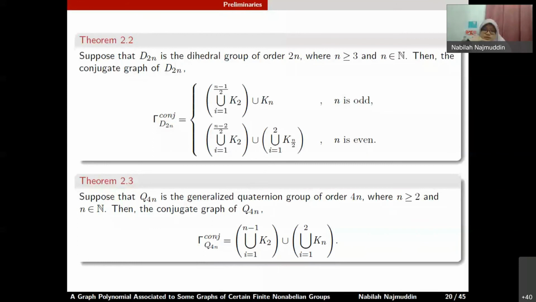Some of my friends did topological indices on the graphs, and I did the graph polynomials to see the relations.